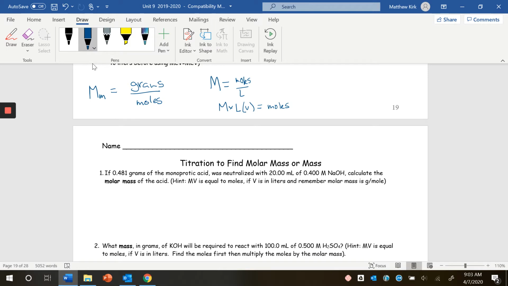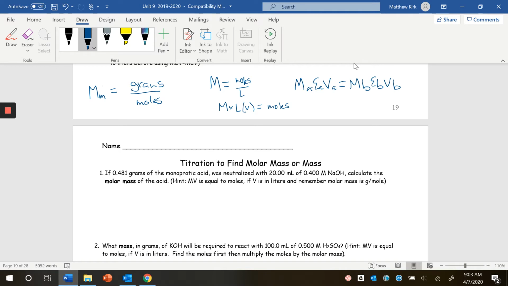So what we can do is actually make a substitution. Because remember, the formula that we use in our titration calculations is MEV equals MB EB VB.